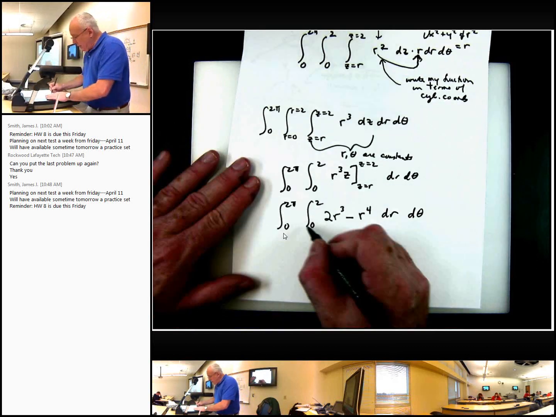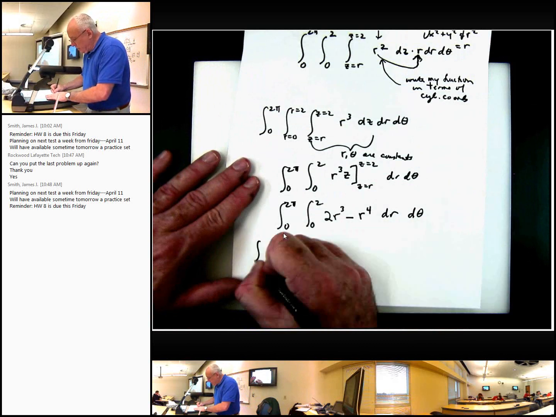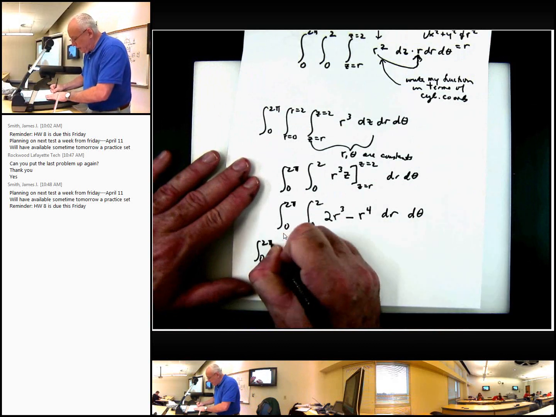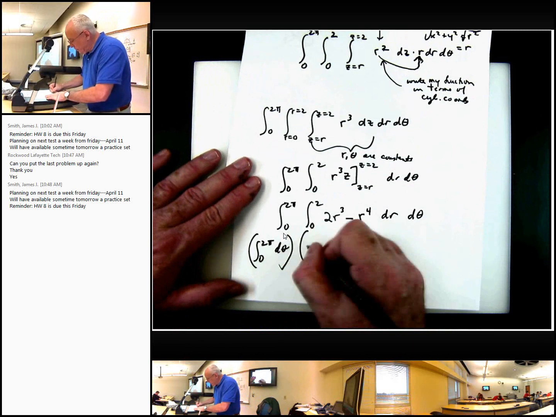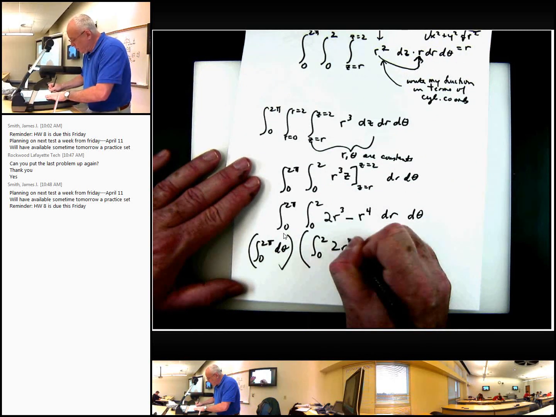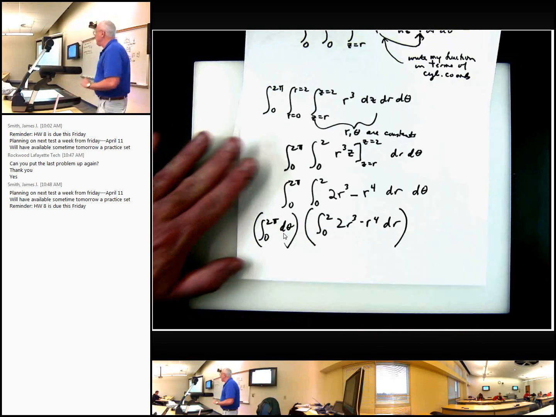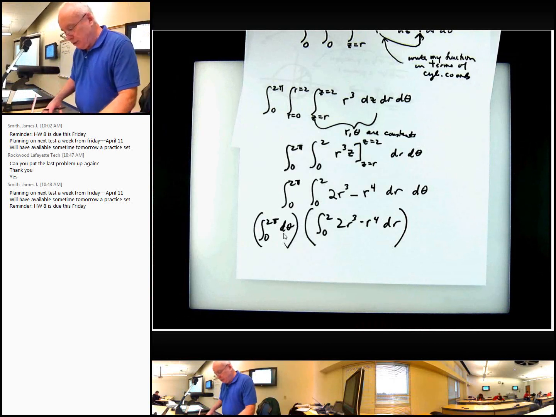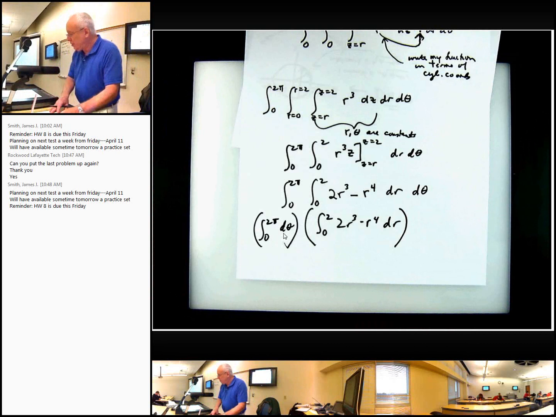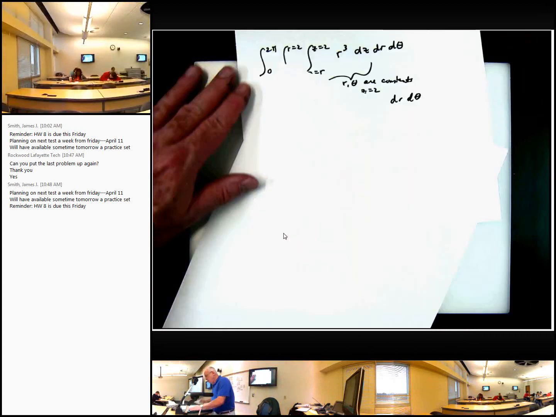Now, certainly right here, you could separate this out as the following: the integral from 0 to 2 pi of d theta times the integral from 0 to 2 of 2r to the third minus r to the fourth dr. Just separate it out and figure out your two definite integrals.